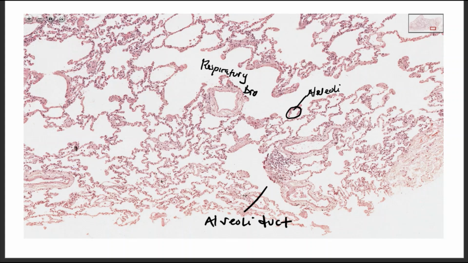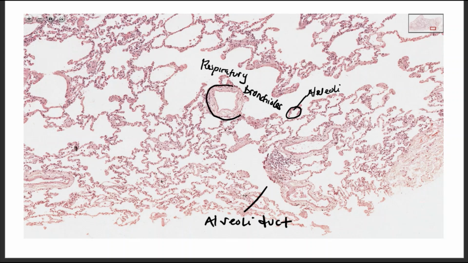The respiratory bronchioles are lined with cuboidal epithelium. And then from the respiratory bronchioles, you go to the alveoli ducts, which are lined with squamous epithelium, which leads to the alveoli, which are lined with simple squamous epithelium.